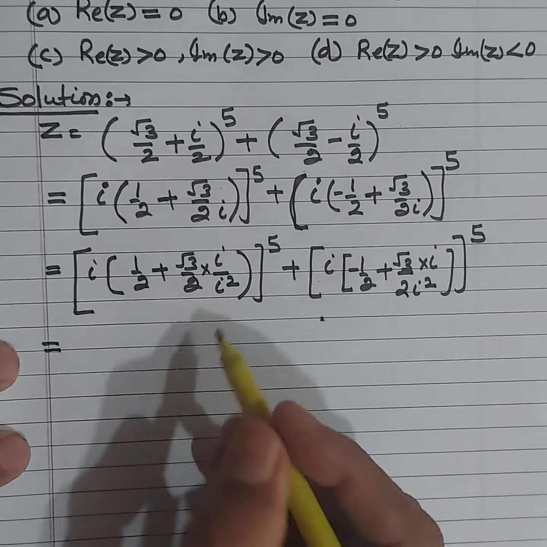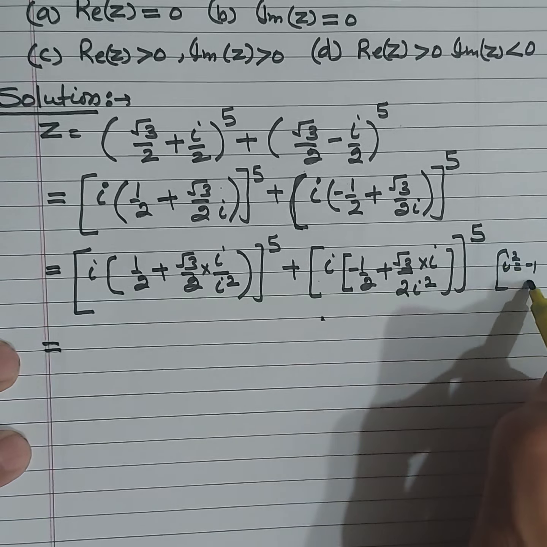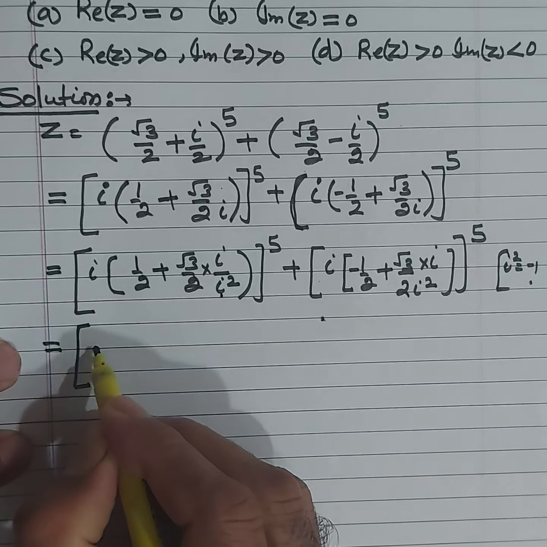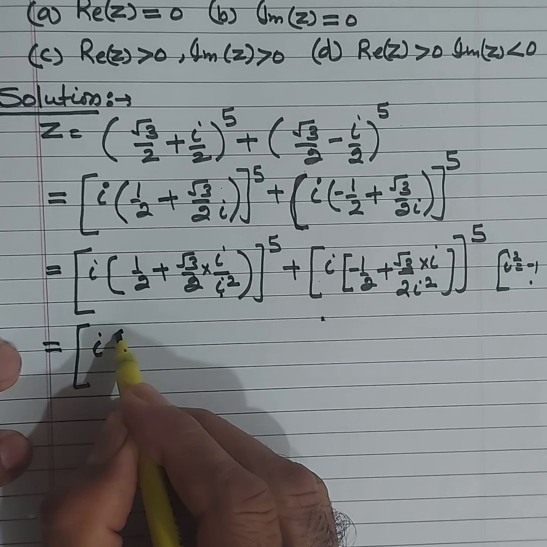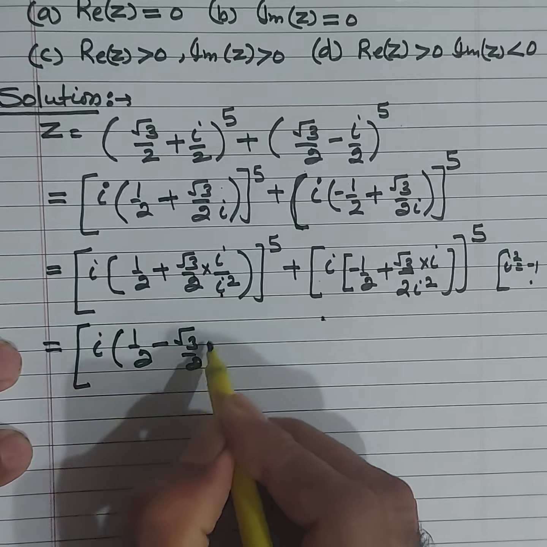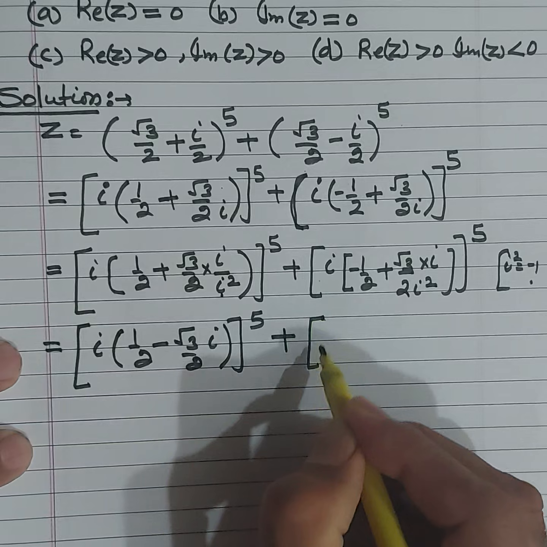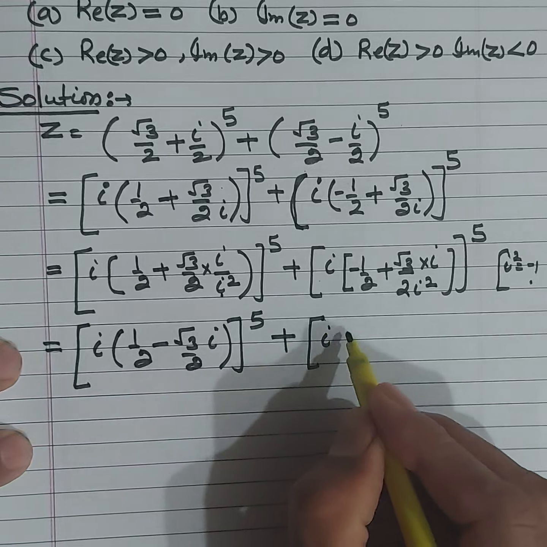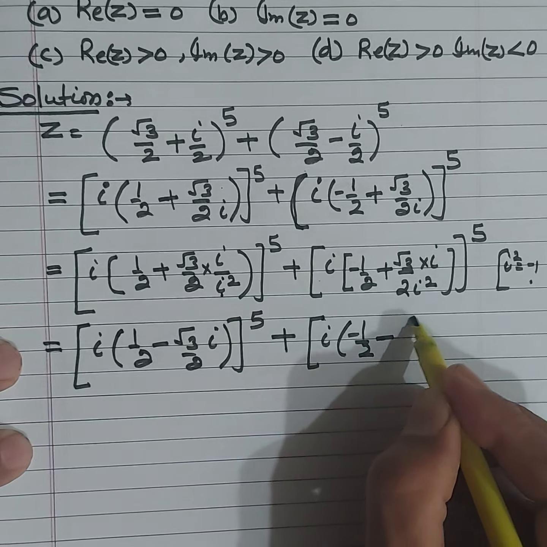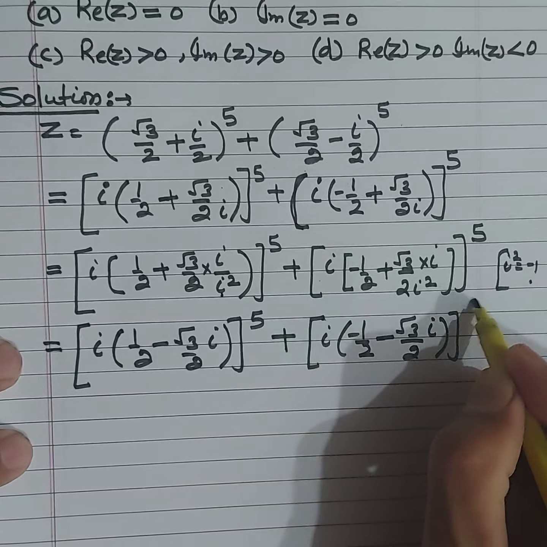Now this i square is −1, so we put the value minus, so this will become minus, this will become minus. i into (1/2 − √3/2 i) raised to the power 5 plus i into (−1/2 − √3/2 i) raised to the power 5.